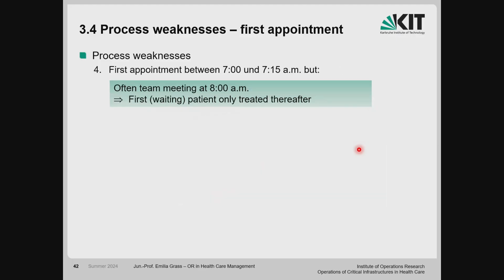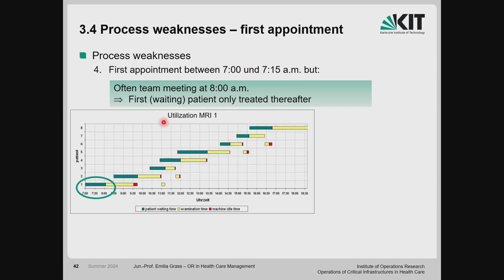And the fourth weakness they observed is that although the first appointment is between 7 and 7:15, they often have a team meeting at 8 a.m. That means that the patient is there, but they start to treat the patients only after the team meeting.